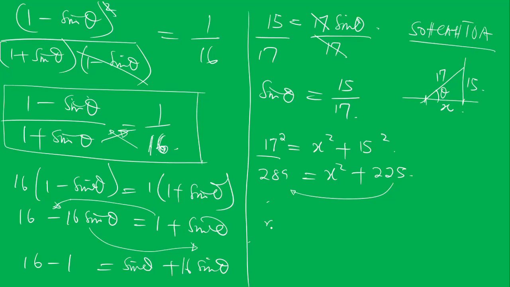You have x squared equal to 289 minus 225, which is 64. So that means x is equal to plus or minus 8, but we use the positive value, so it's 8.